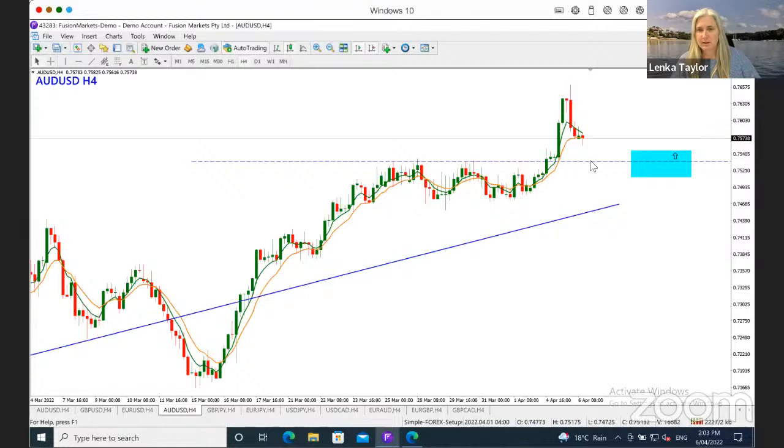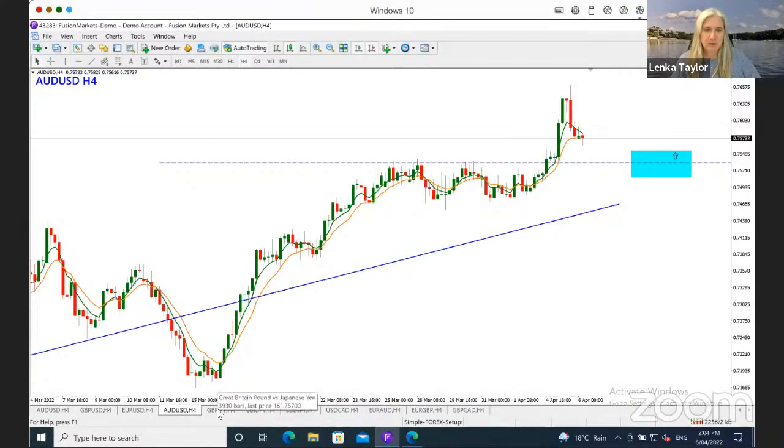Otherwise would like for it to pull back further down, and then definitely looking for a reversal and looking for long then, or alternatively also to the bottom of that range there. So let's see how far it gets, but looking for long at this point in time.